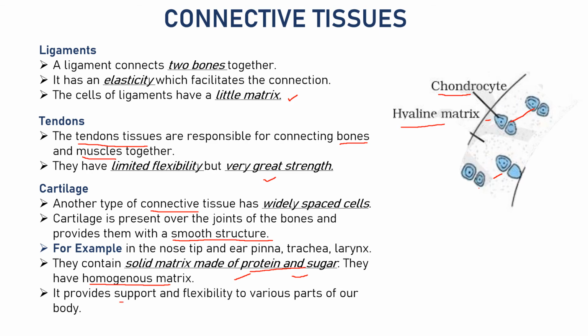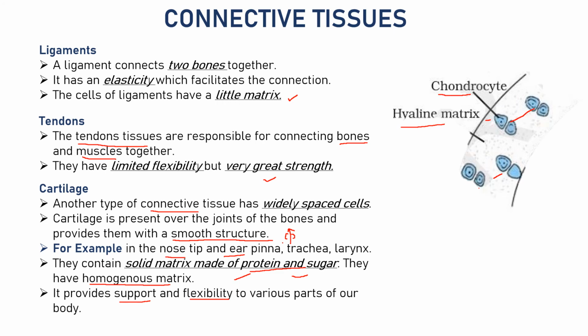It provides support and flexibility to various parts of our body. Here you can see the tip of the nose, right? The ear pinna is quite flexible. In the trachea, we have C-shaped cartilages, so that the trachea doesn't collapse when air goes out from your trachea, right?